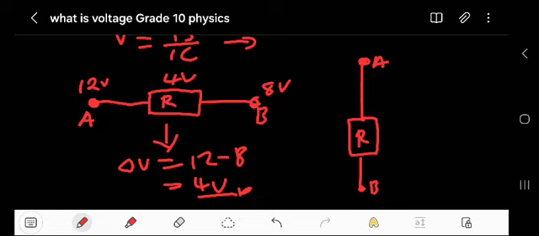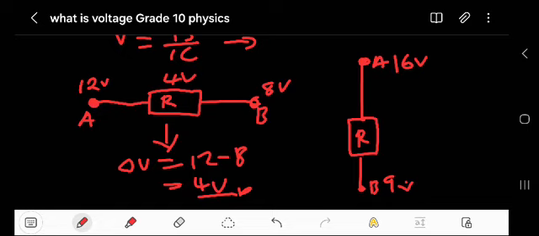Here I have 16 volts and here I have 9 volts. So in which direction will the voltage, or the charges, travel or flow?